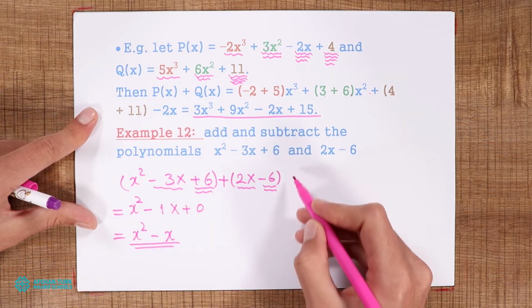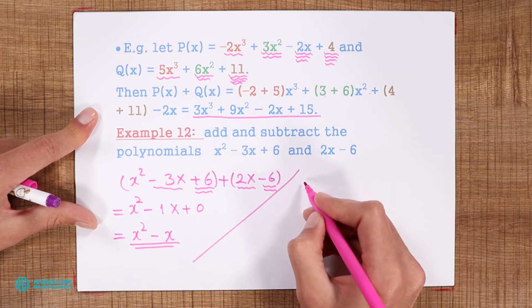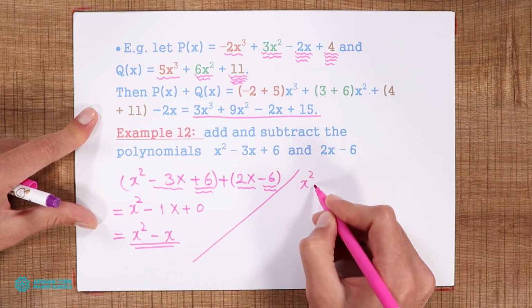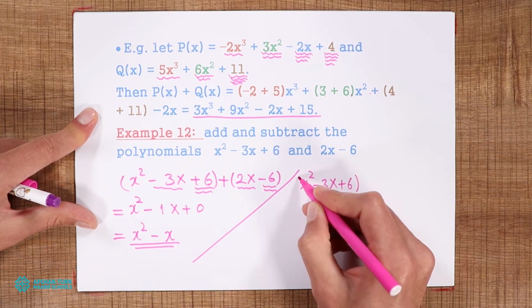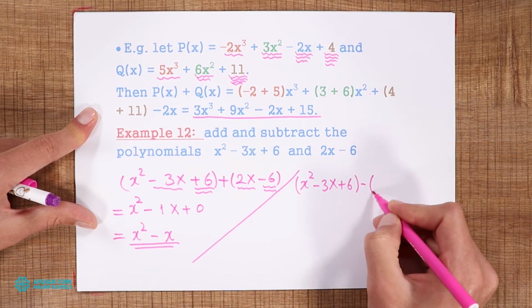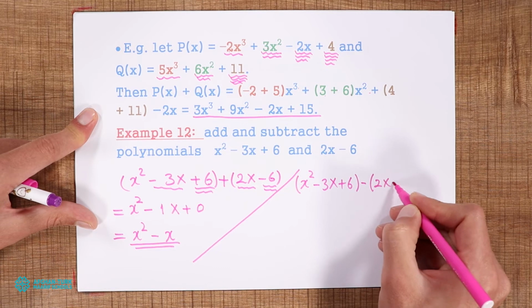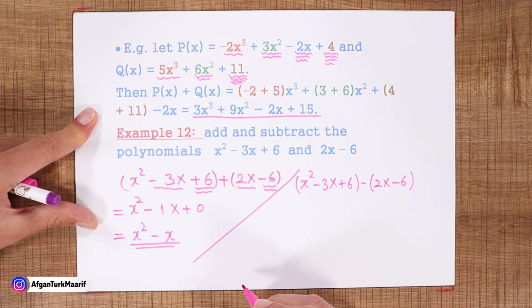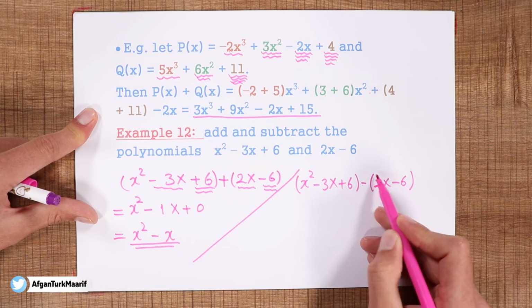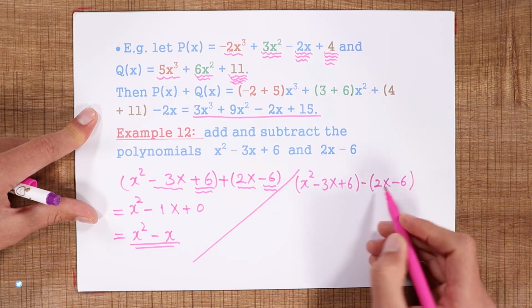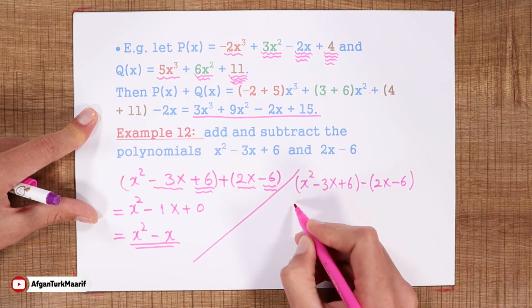For subtraction, we will write x squared minus 3x plus 6 inside the parentheses minus 2x minus 6. In here, minus sign will be distributed inside the parentheses, and these signs will change.